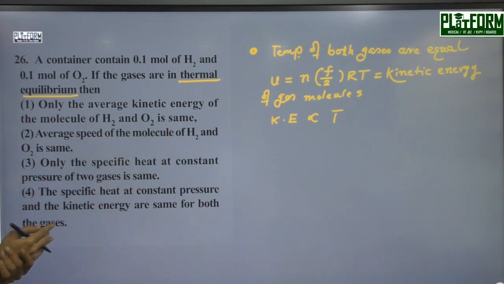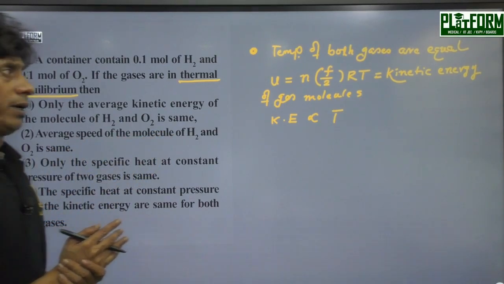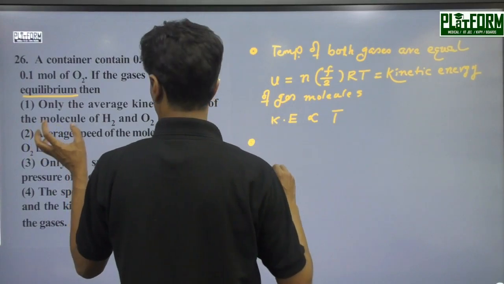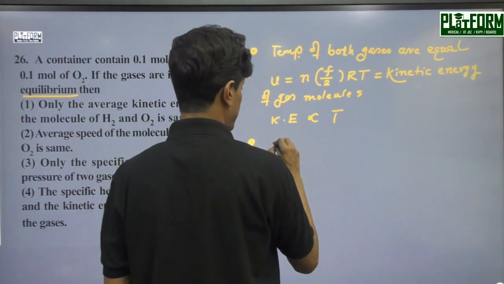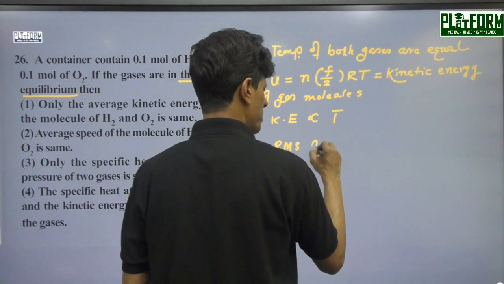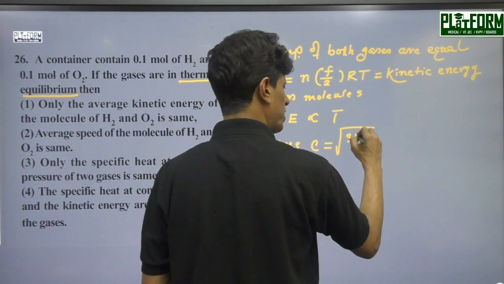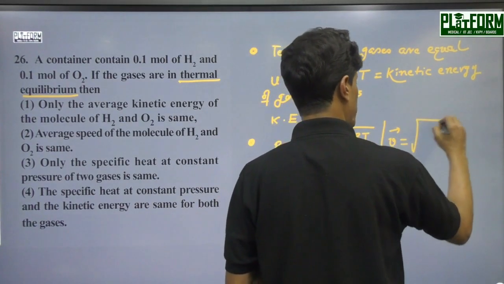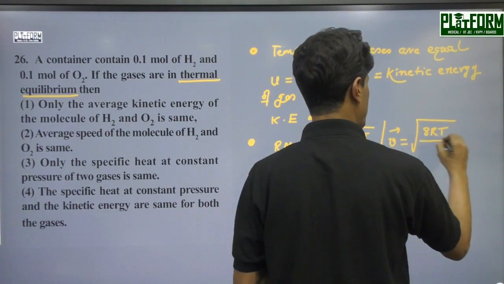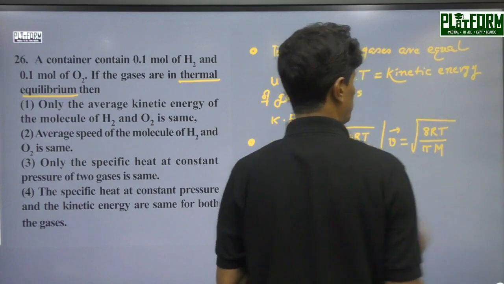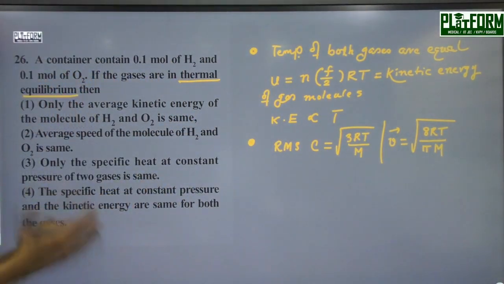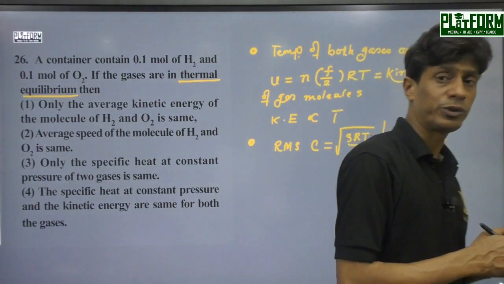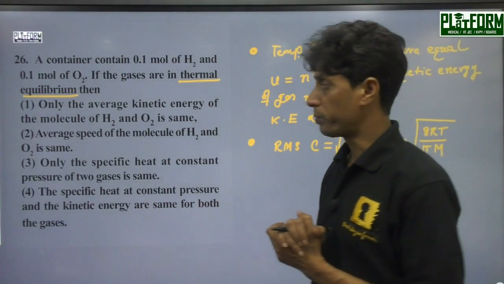Average speed of the molecules of hydrogen and oxygen. Average speed also, if we take the RMS speed, C is equal to root over 3RT by M, and average speed is root over 8RT by pi M. So average speed, or RMS, whatever it may be, is directly proportional to the square root of the absolute temperature of the gas.